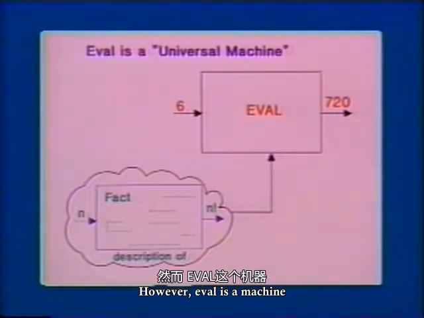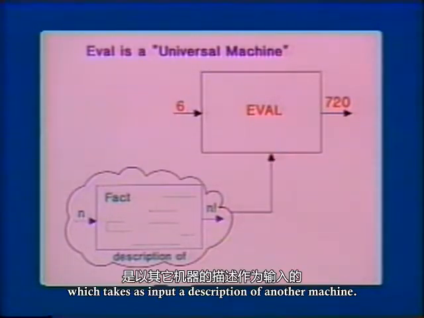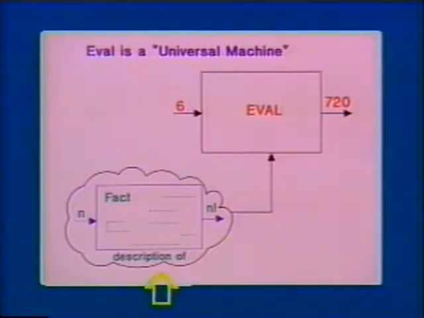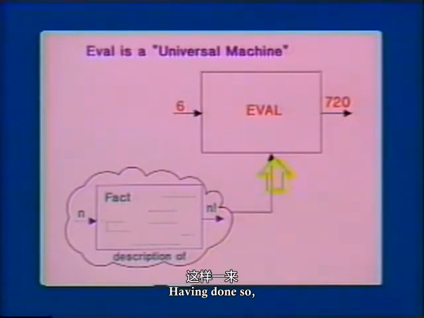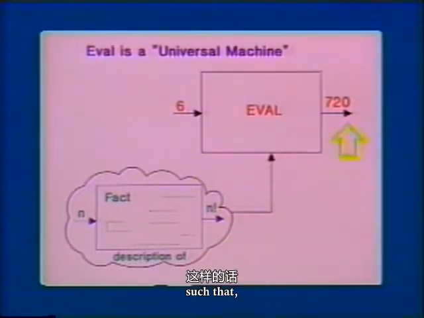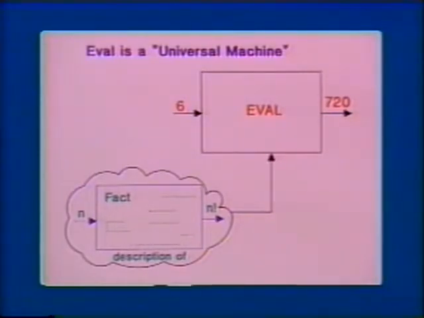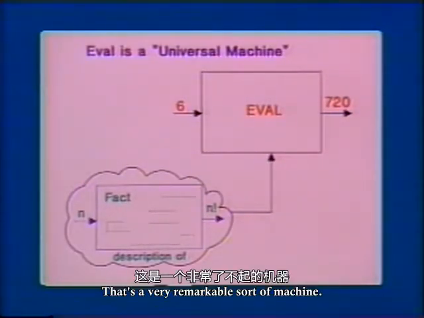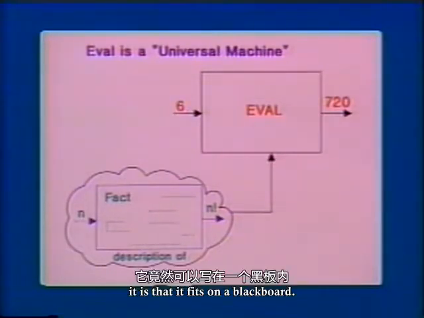However, eval is a machine which takes as input a description of another machine. It could take the wiring diagram of the factorial machine as input. Having done so, it becomes a simulator for the factorial machine, such that if you put a 6 in, out comes a 720. That's a very remarkable sort of machine. And the most amazing part of it is that it fits on a blackboard.